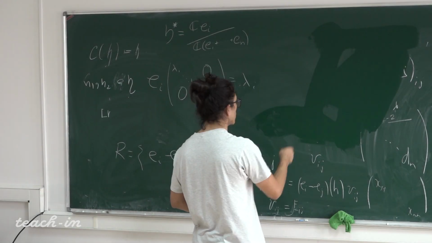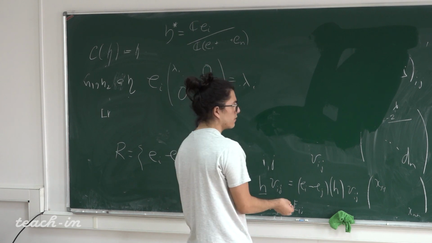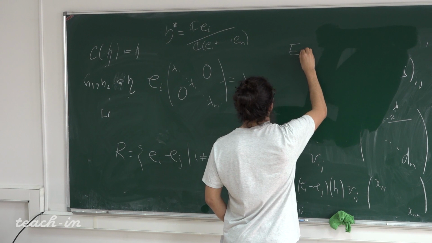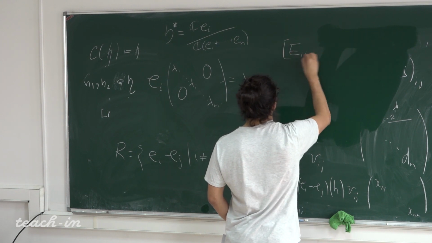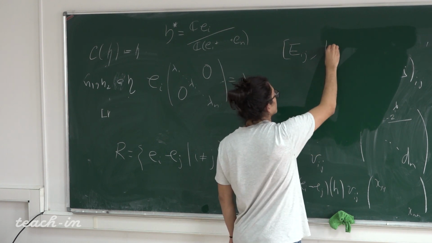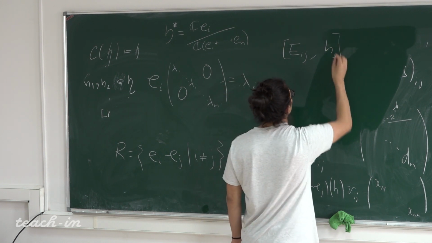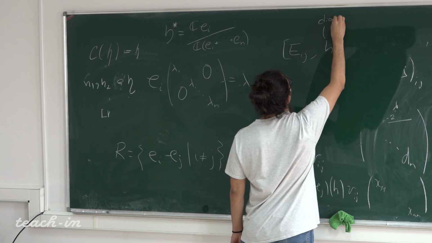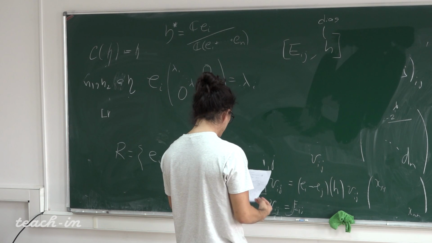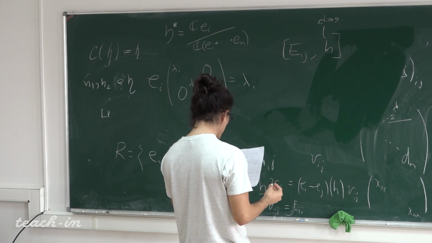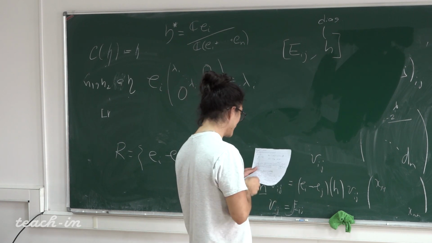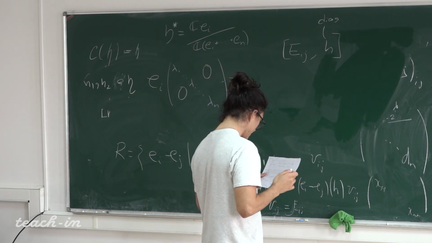So I have to take this H as diagonal matrices, right? So let's take Eij with some diagonal matrix H, as we say. You can follow what you wrote there. Just put it in general.